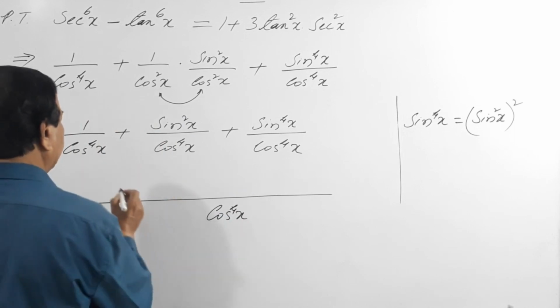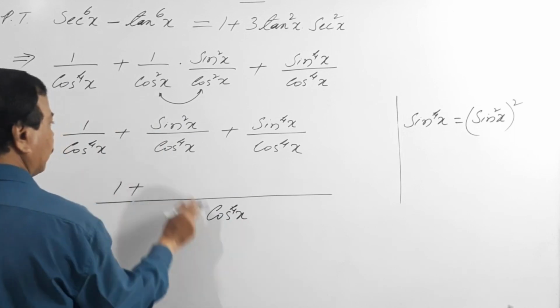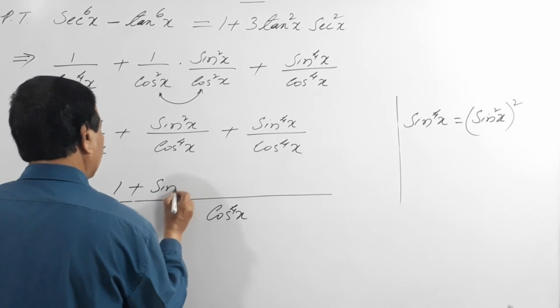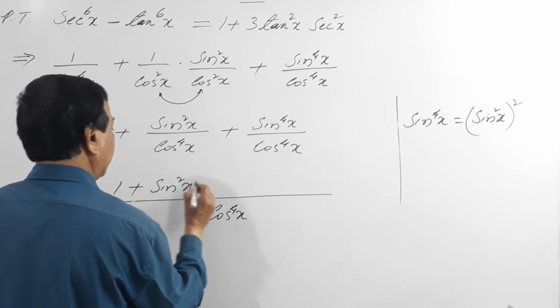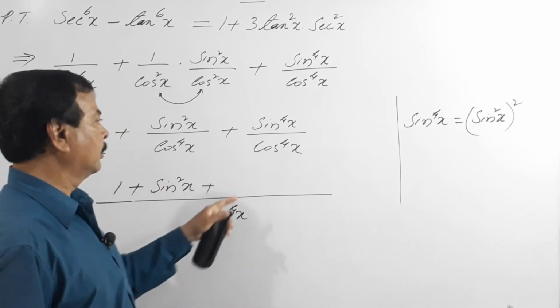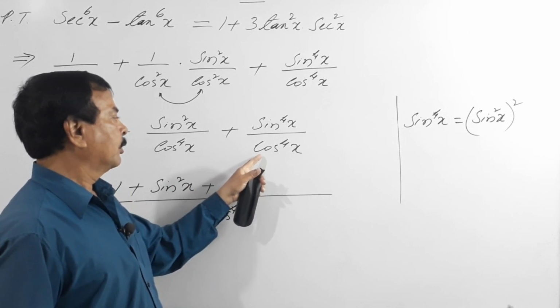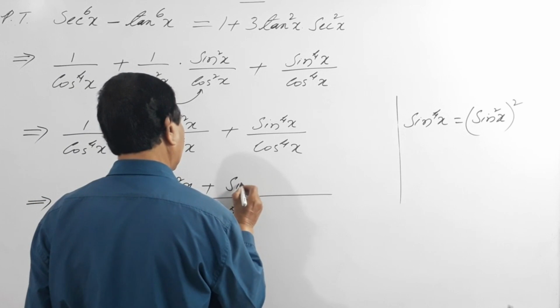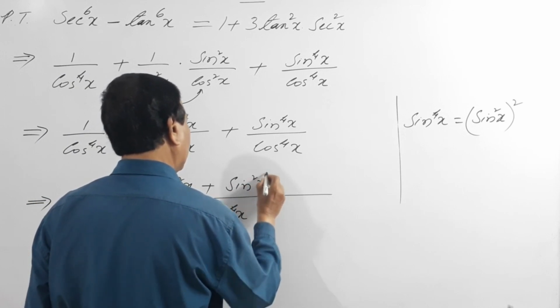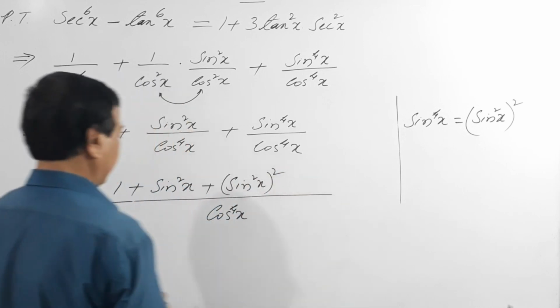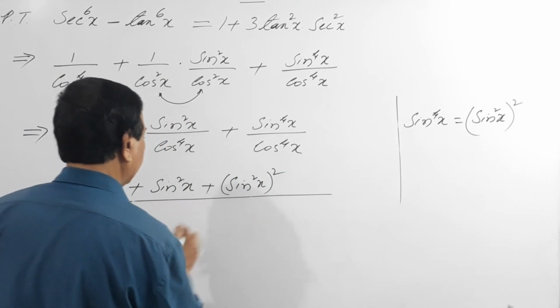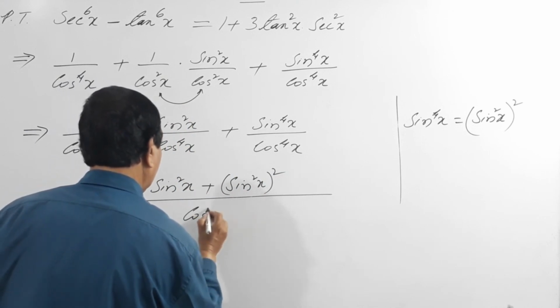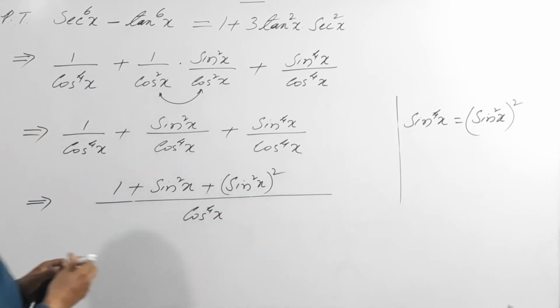So one time this becomes 1 plus, one time this becomes 1 plus sin square x the whole square. So I'll try to bring it to the center. This is cos to the power of 4x.